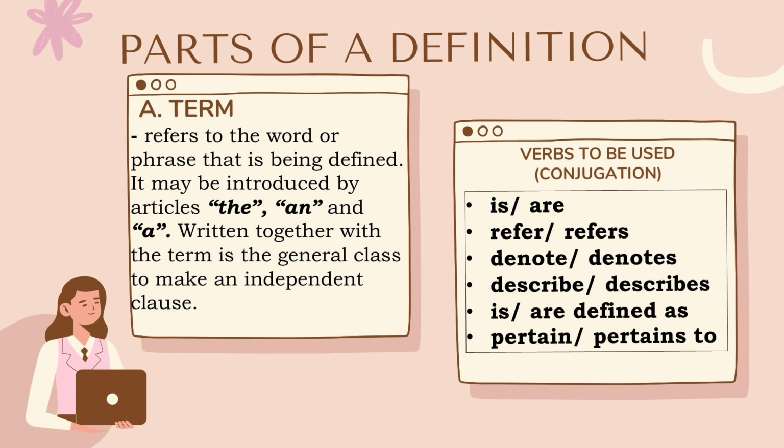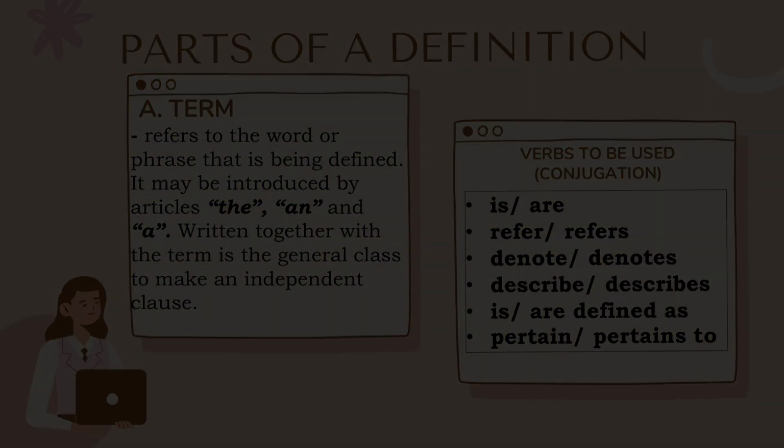Describe for plural, describes for singular. Is, or is defined as, is for singular; are defined as is for plural; and pertain is for plural, pertains to is for singular.